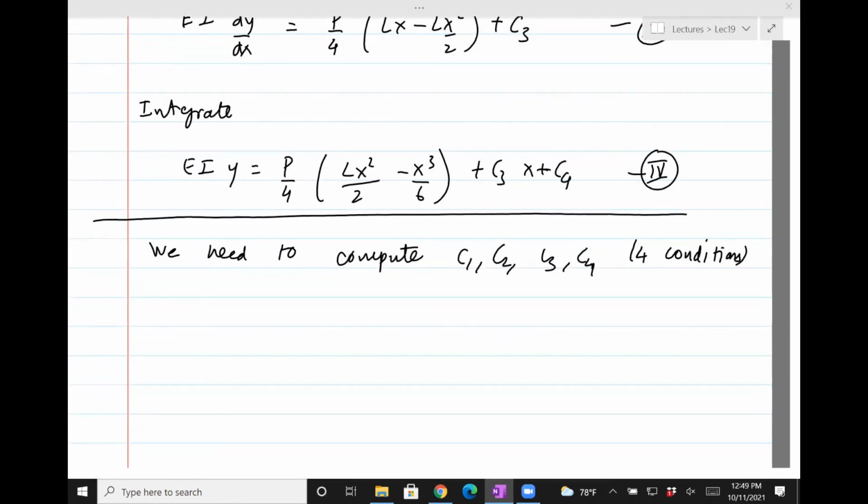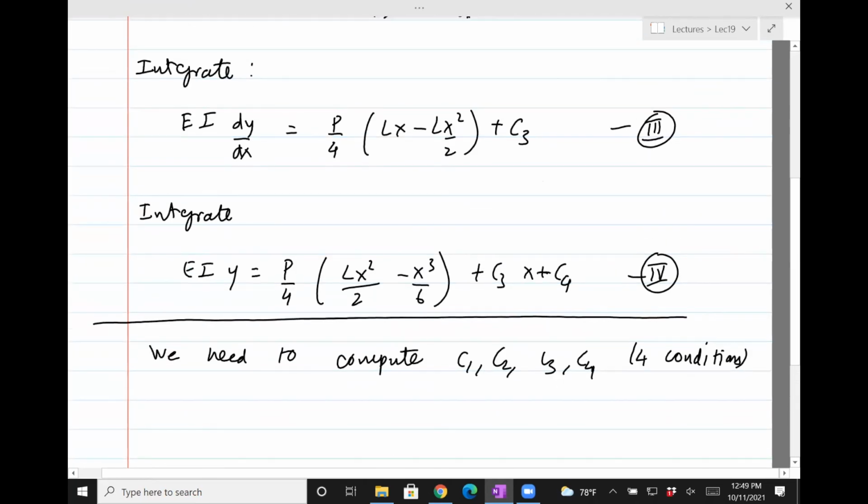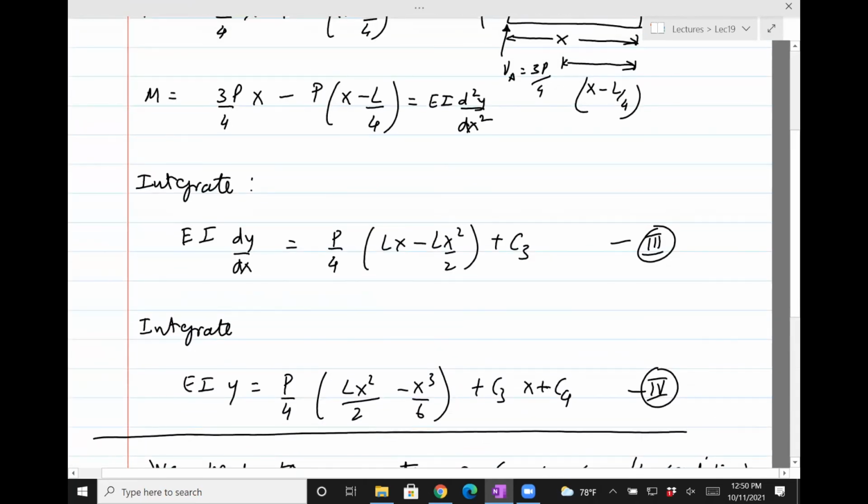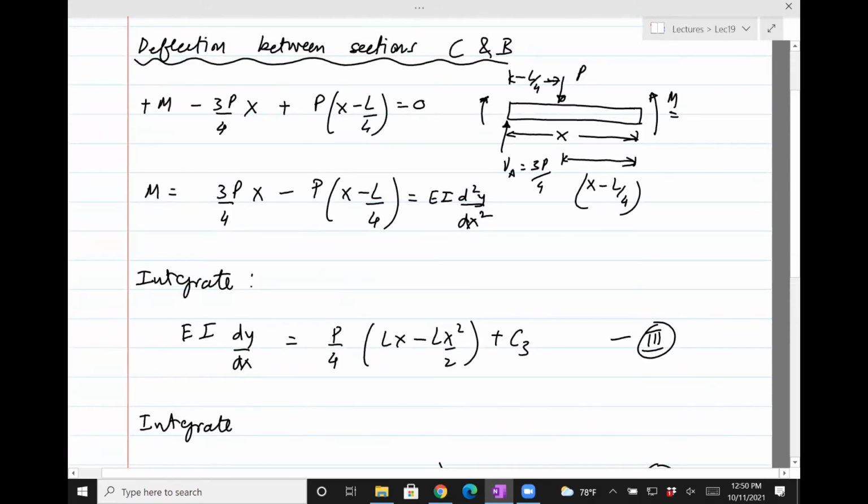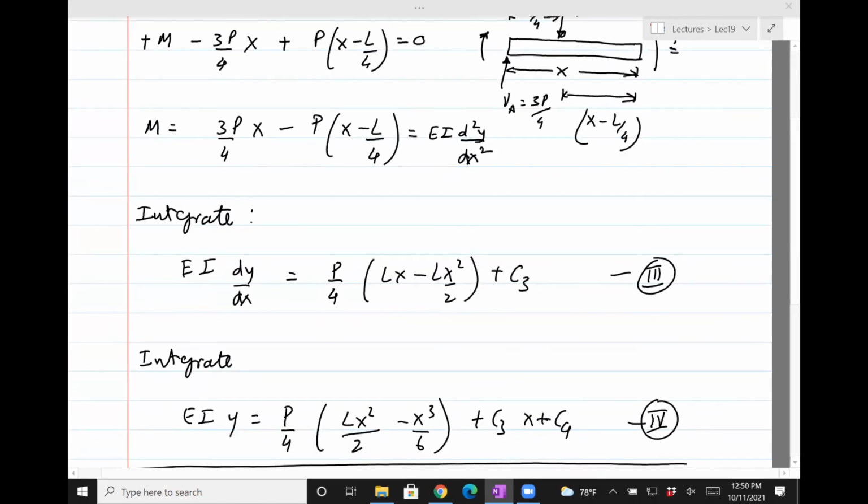Question: why was the L dropped in the second parenthesis? Which parenthesis? Can you tell me which parenthesis you were talking about?